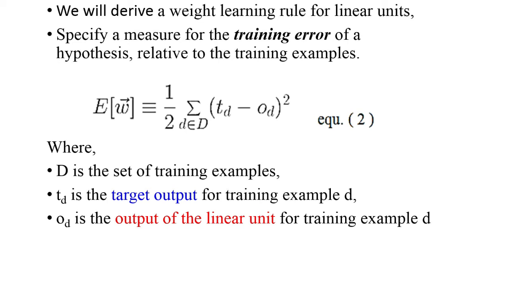Then, by measuring the error, it would update the previously chosen weights to new values in a way that the output for the subsequent training examples would get closer to the ground truth.